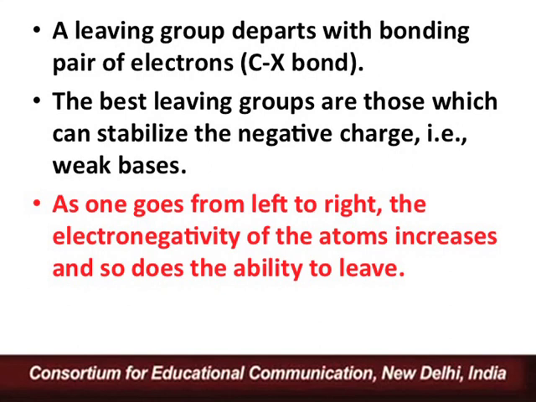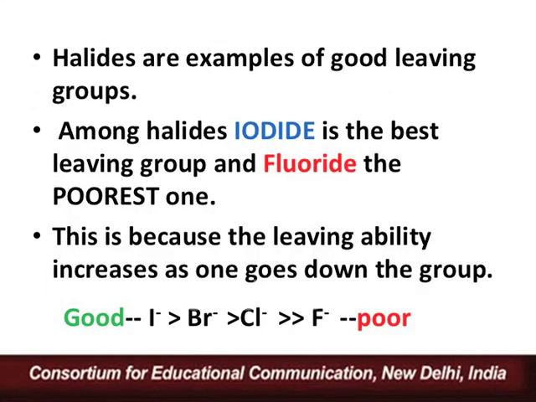And we know as we go from left to right in the periodic table, the electronegativity of the atom increases, and so does the ability to leave. That means halogens are good examples of leaving groups. But among halides, iodide is the best leaving group and fluoride the poorest one.